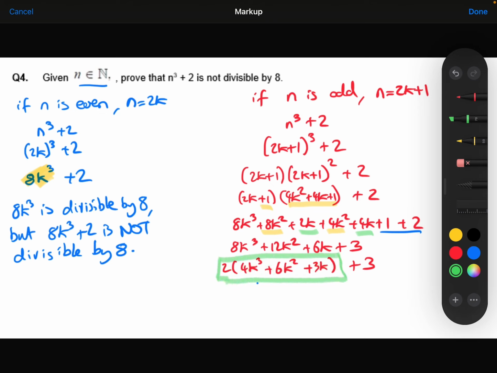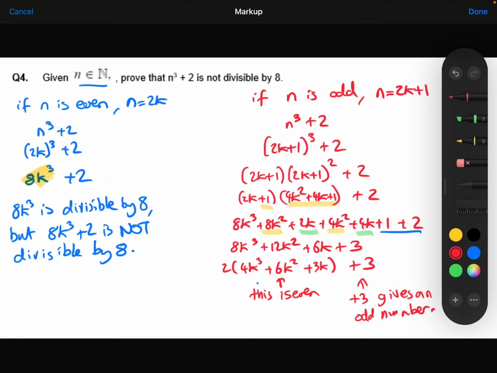This is a multiple of 2, so that has to be even. So when I add 3 to it, that must be an odd number. So plus 3 gives an odd number.